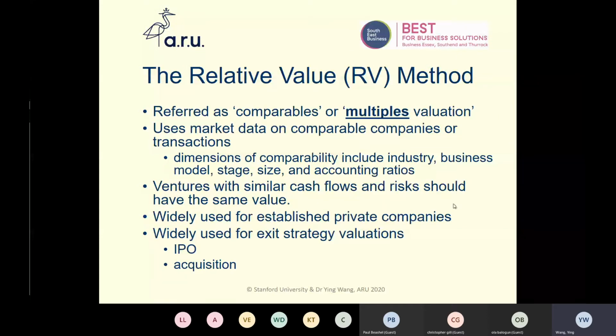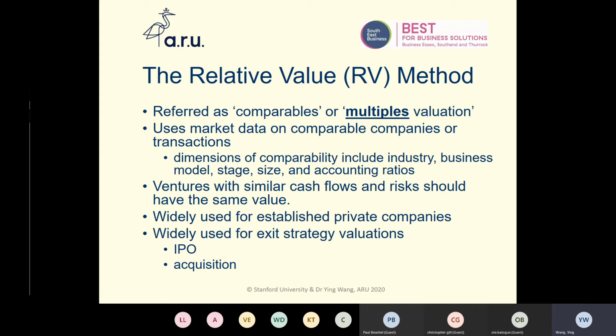The relative value method is referred to as comparables or multiples valuation. What it does is use market data on comparable companies or transactions. So they will consider comparability, including industry, business model, stage, size, and accounting ratios.